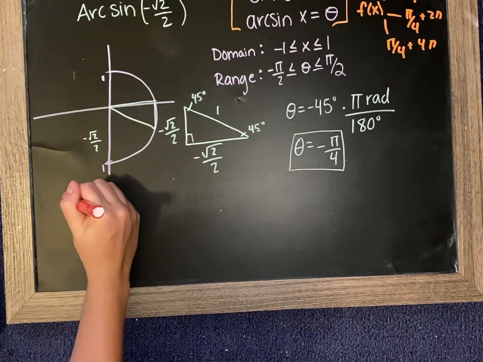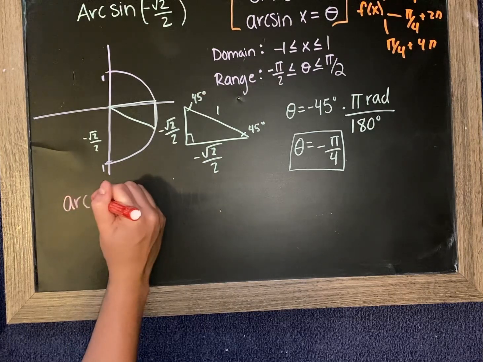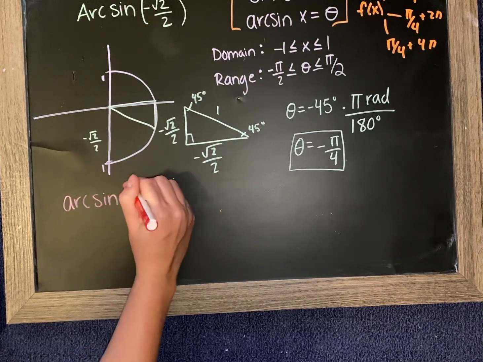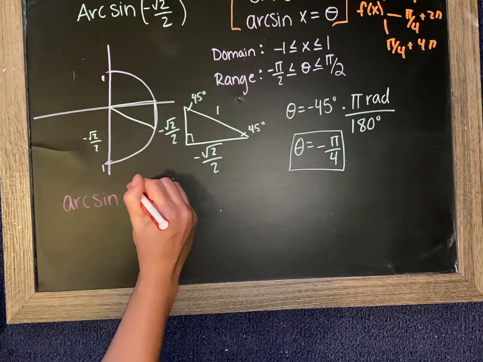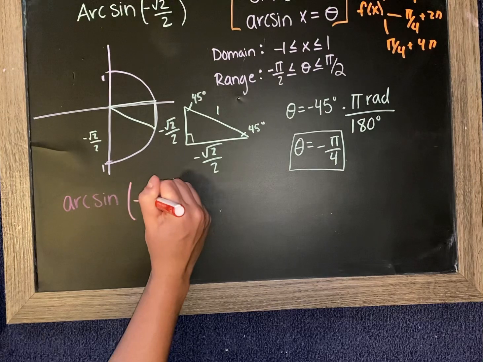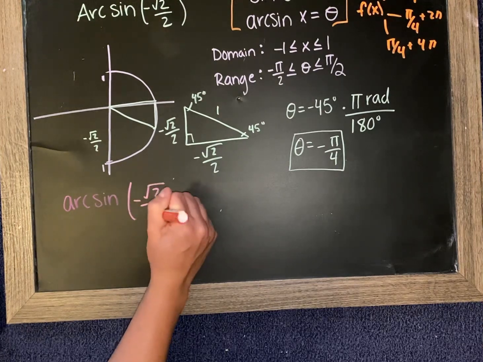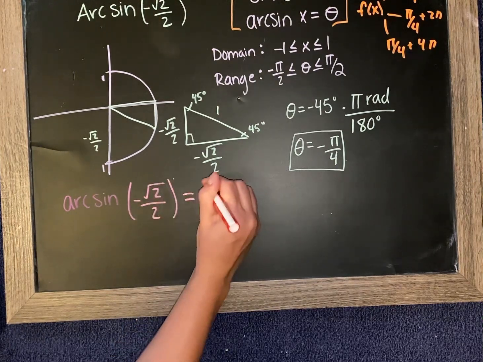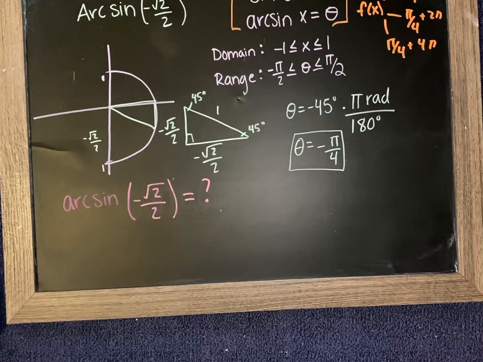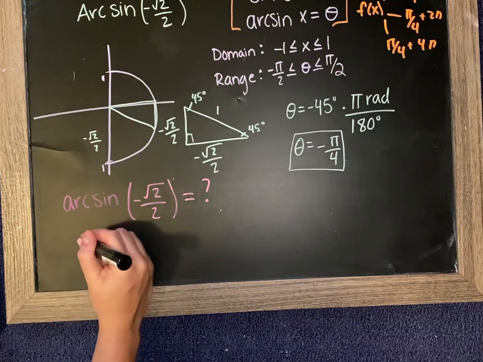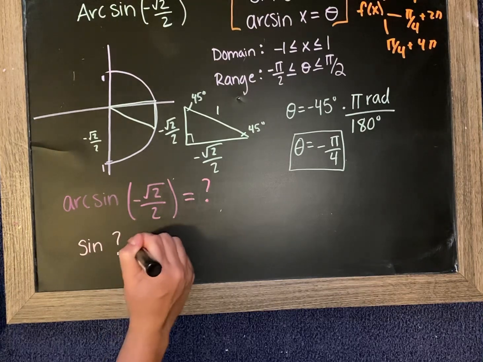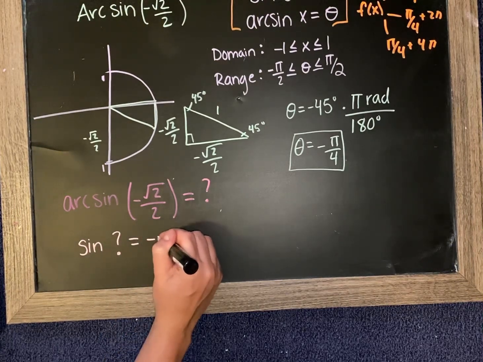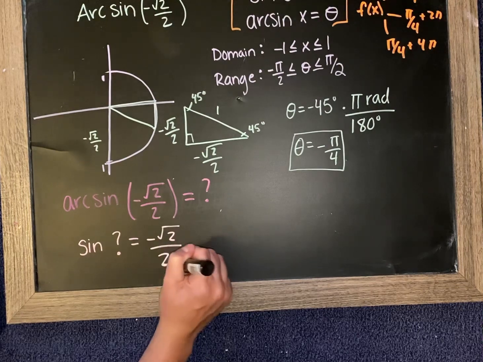So if you have inverse sine of negative root 2 over 2 is equal to question mark, how you can look at this in order to get the answer is you have sine of what gives you negative root 2 over 2.